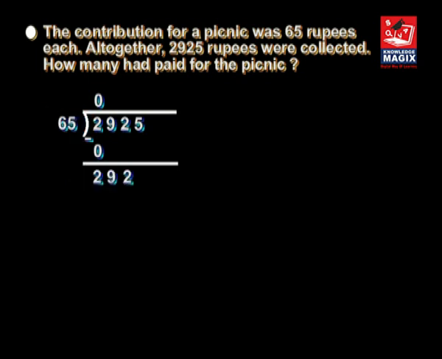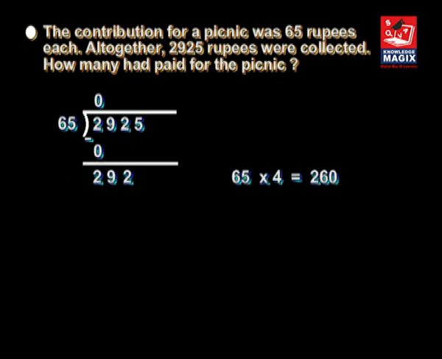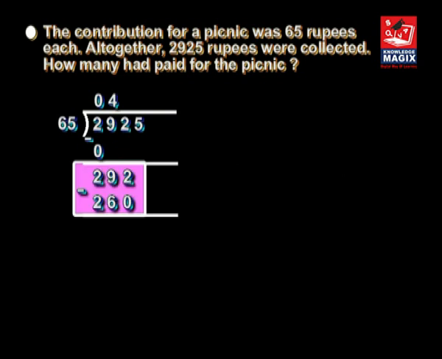Now we'll consider two digits in 292, that is 29, and one digit in 65, that is 6. So 29 divided by 6. Here 6 4s are 24. So 65 into 4 comes to 260. So 292 minus 260 comes to 32.